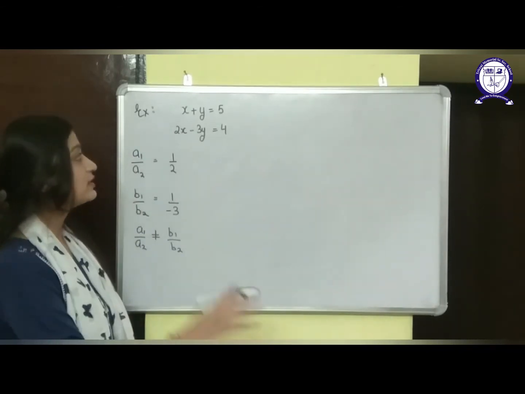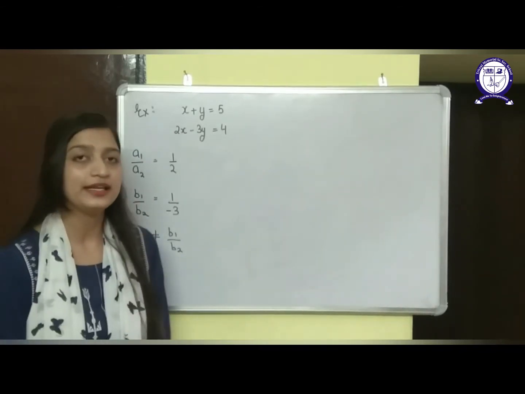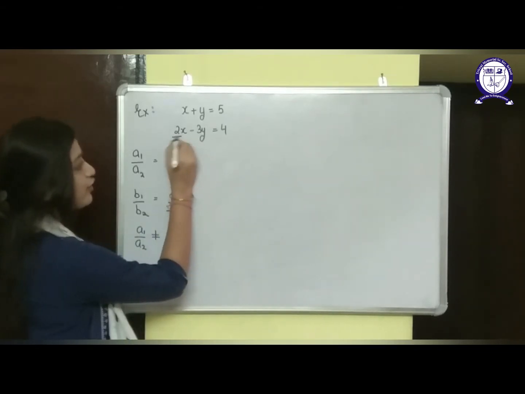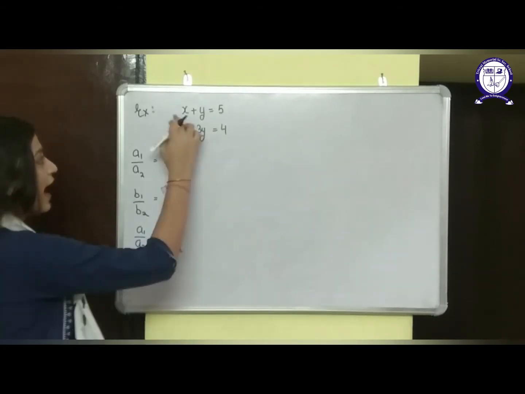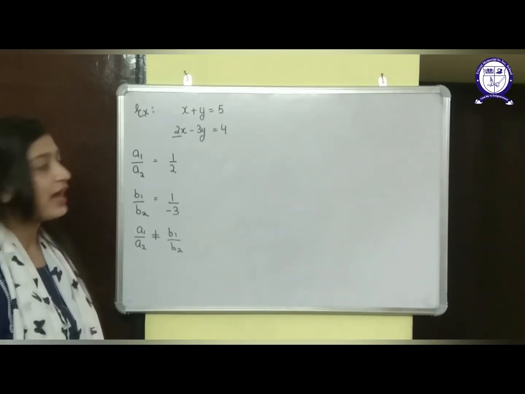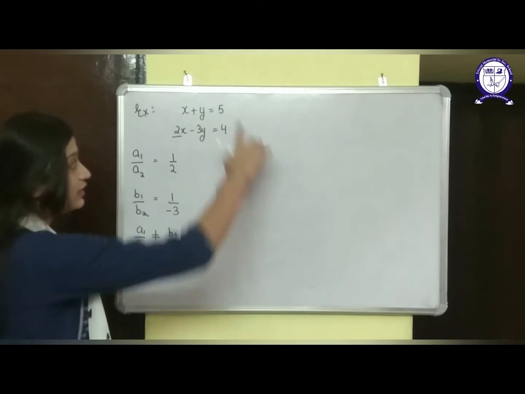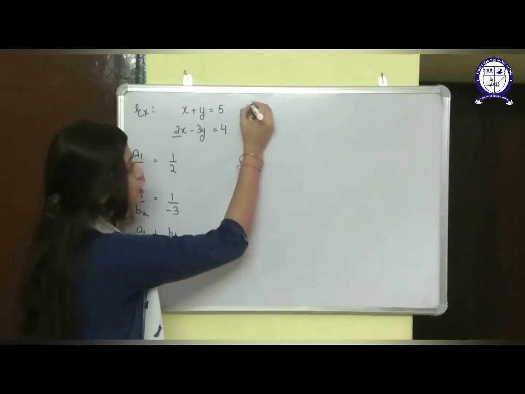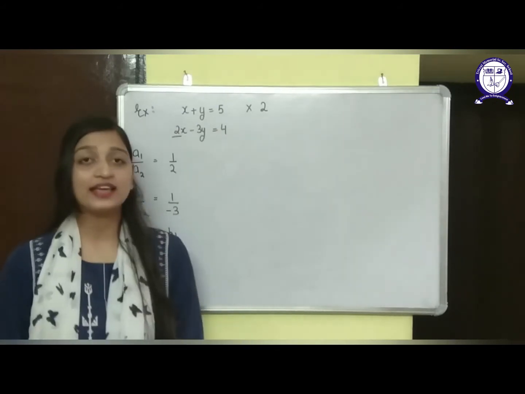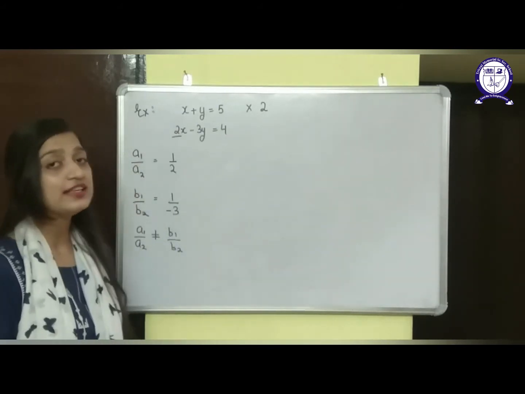Let's say I am eliminating x. The coefficient of x is 2 here and 1 here. If I multiply this equation by 2, I will get 2x, and I can eliminate x if I subtract them.